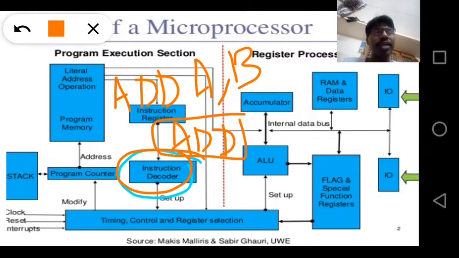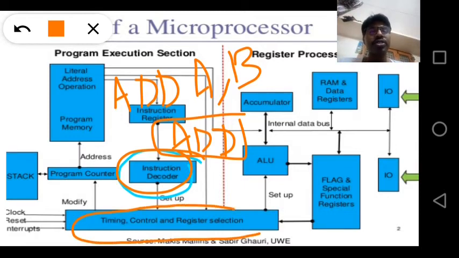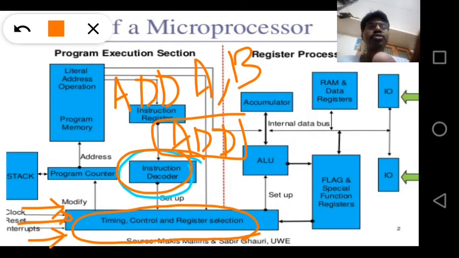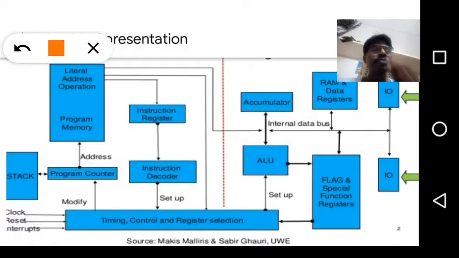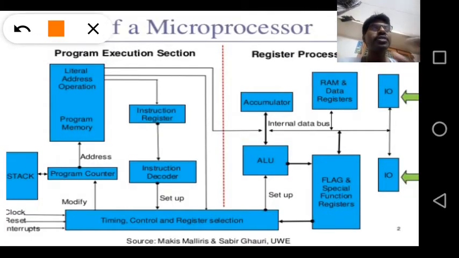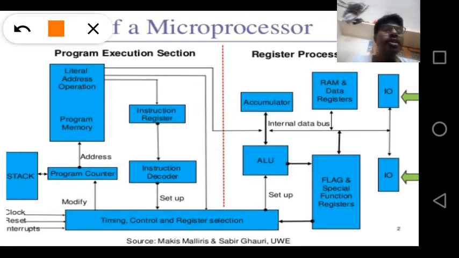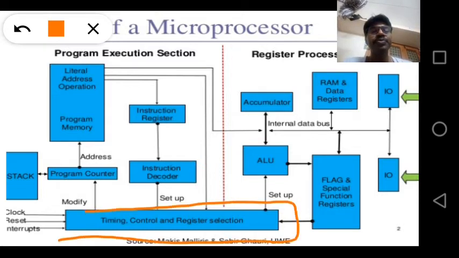Remember, these are the timing, control, and register selection. They will receive the clock signal, reset, and some interrupts. As of now, we have seen that the processor receives an interrupt, but which part of the processor receives an interrupt? This is the part, the timing, control, and register selection.